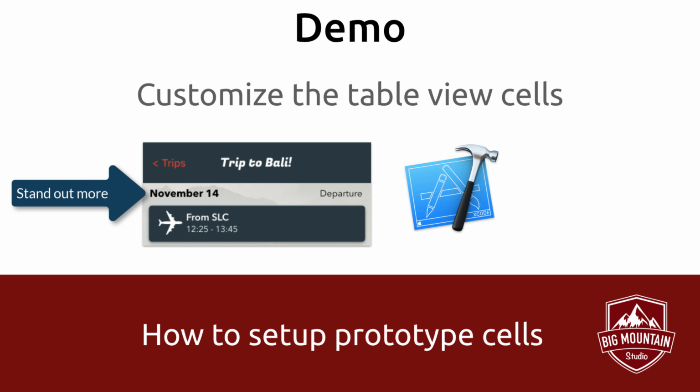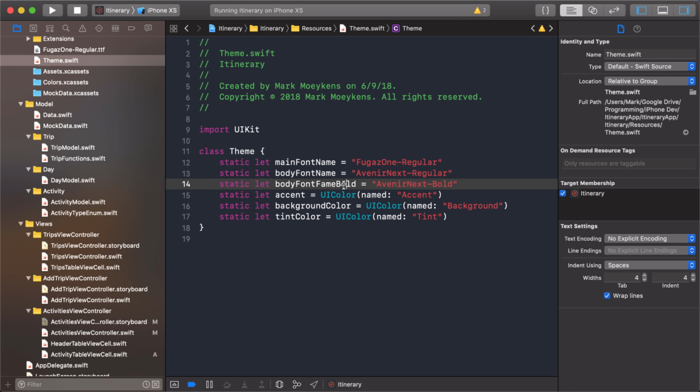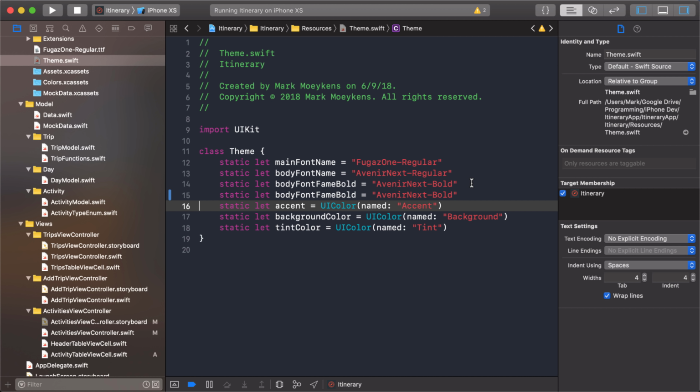So for the section header title where it says November 14th, that is a bold, and then I want to use a demi-bold below that. It's a little bit less bold. I don't have that property set up yet, so we need to create that. See, we have bold here, and then I want to create a demi-bold. So I'll just highlight that line, copy, paste, and this will be demi-bold.